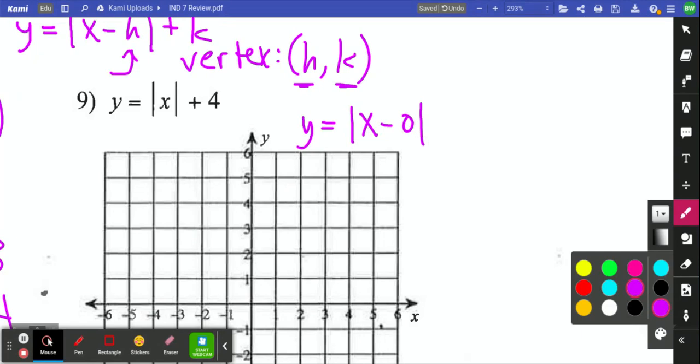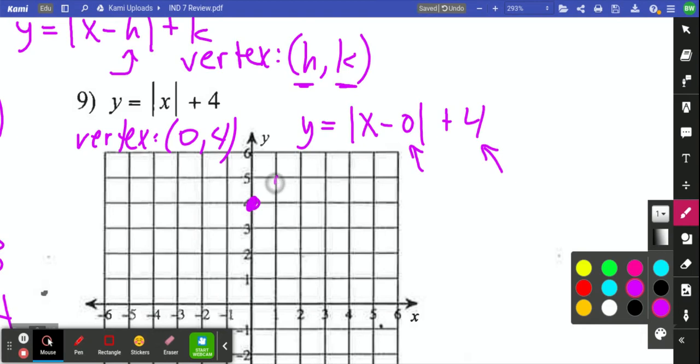Or you could just know that the thing that's in there that's subtracted from it is 0. Okay, so we get our x-coordinate of our vertex from that. So for this one, the vertex is 0. That's our x-coordinate. Our y-coordinate comes from this over here, and that is 4. So that's our vertex right there. 0, 4 is the point.